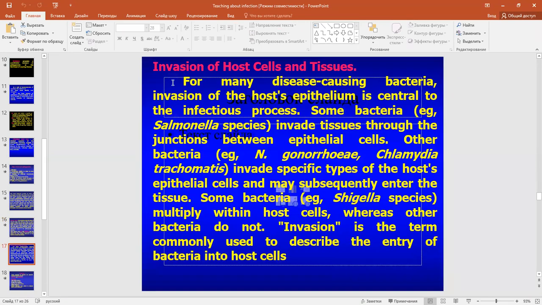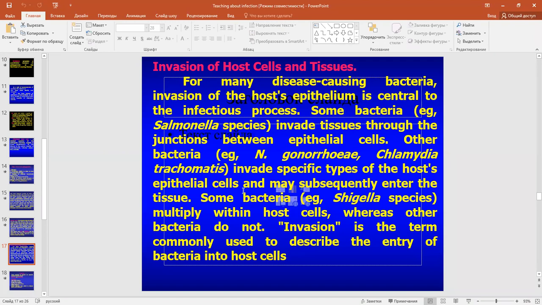Then, invasion of host cells and tissues. How are they able to invade? For many disease-causing bacteria, invasion of the host epithelium is central to the infection process. Some bacteria, for example Salmonella species, invade tissues through the junctions between epithelial cells.